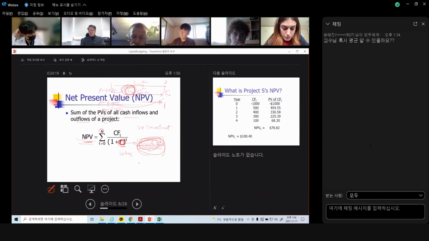As I told you, using WACC as the discount rate means each cash flow during the project should be discounted by WACC. Simultaneously, we assume that the cash flow can be reinvested at WACC.